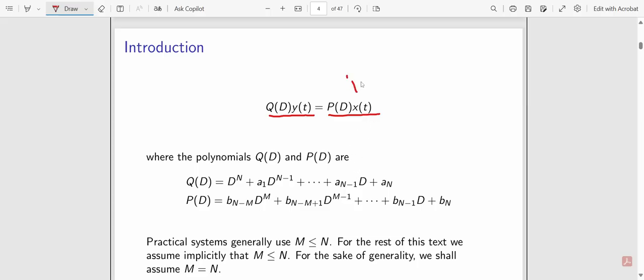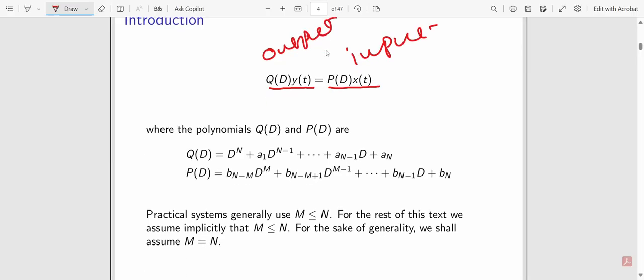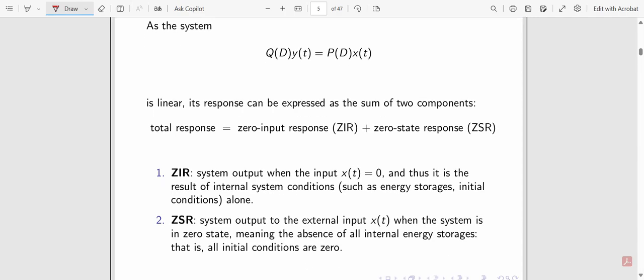So this is the input and output. Practical systems generally have m less than or equal to n, so for generality we can assume m equal to n.